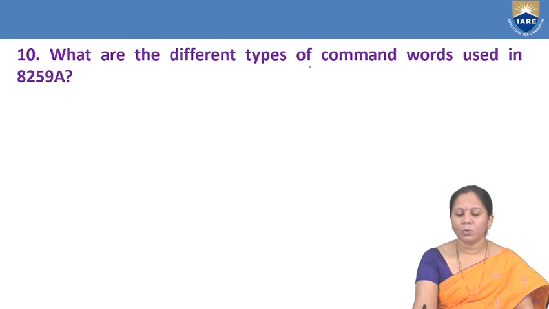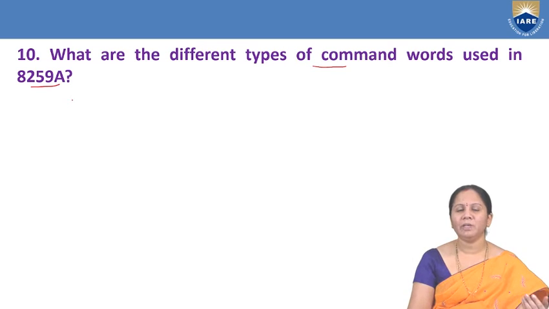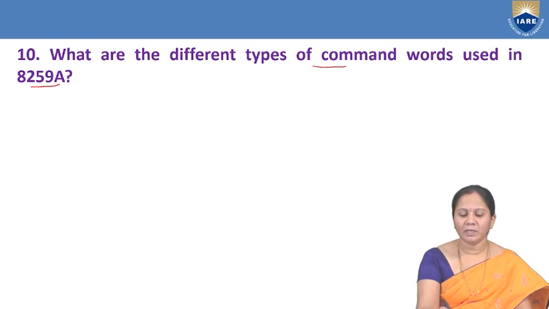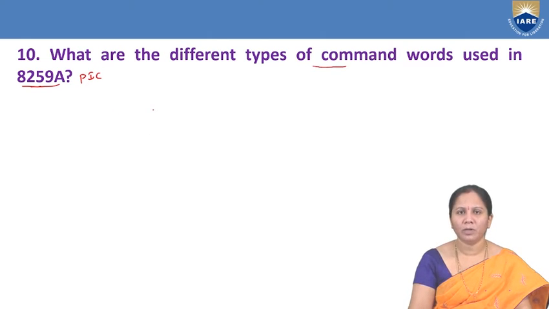Next, what are the different types of command words used in 8259A? In the previous question they asked about the control words of 8251A, but here, 8259 stands for PIC, the Programmable Interrupt Controller.